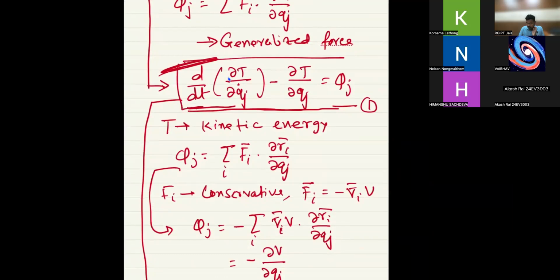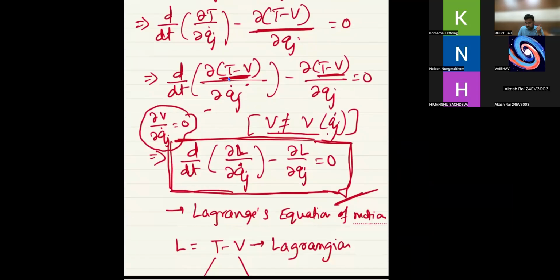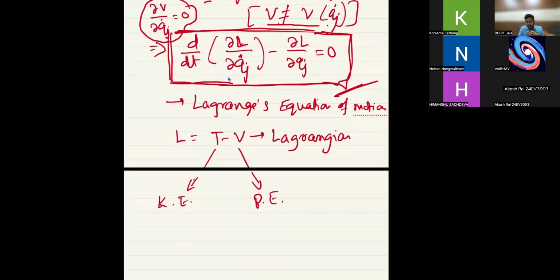But here the problem is that we have not yet inserted that the forces Qj are conservative. If the forces are not conservative, then you have to work with this equation 1. We have further simplified, considering that the forces are conservative, so that we can write in this nice form del L del Qj dot.